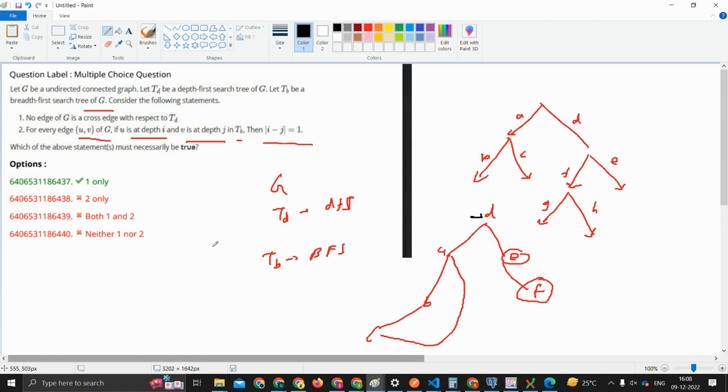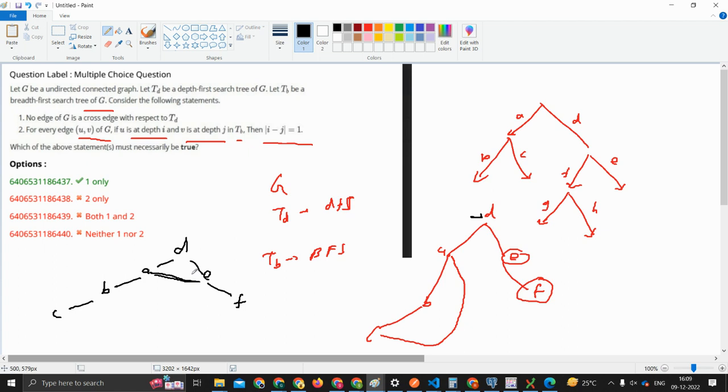Starting from D, depth first search: D, A, then B, then C, E and F. So in a DFS tree, if there was a cross edge, what does a cross edge mean?